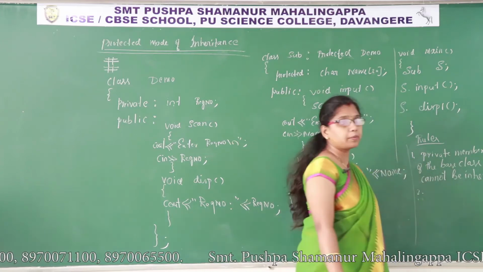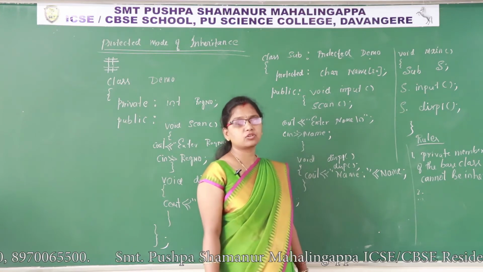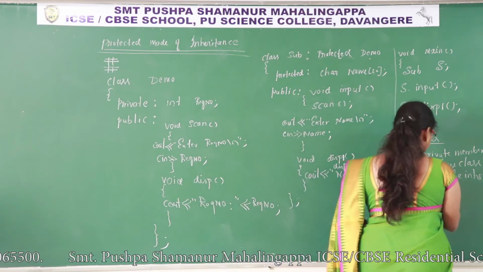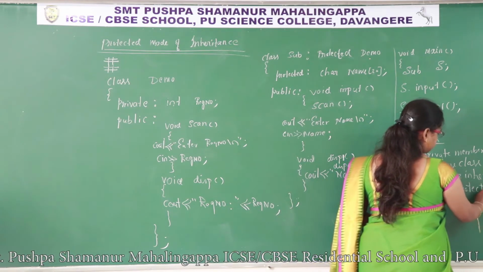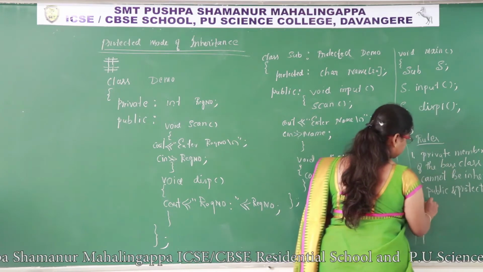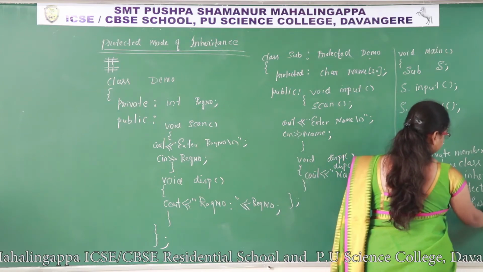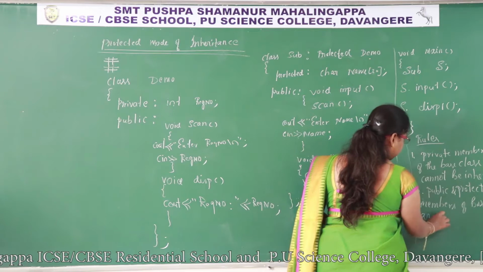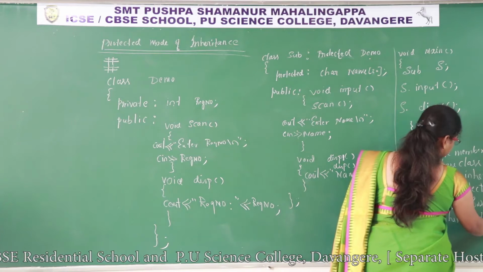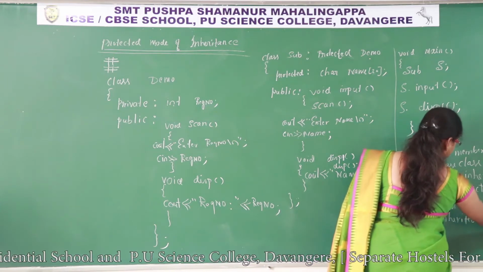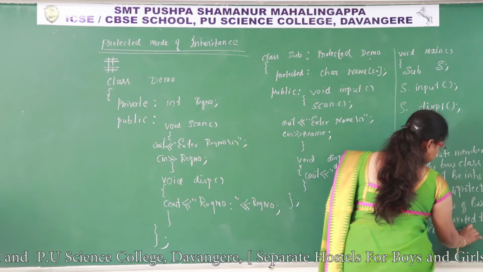Second, public and protected members of the base class are inherited to the protected section of the derived class.